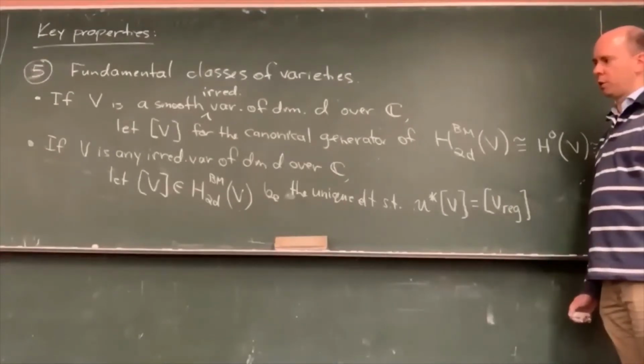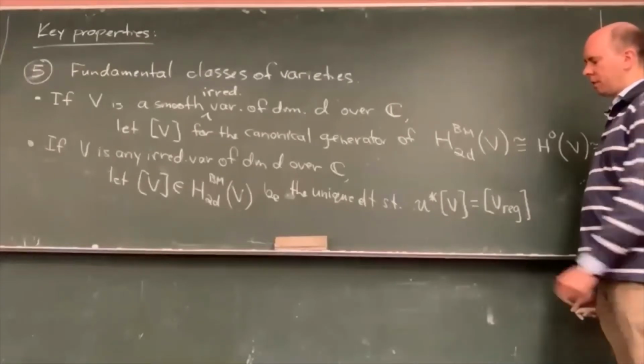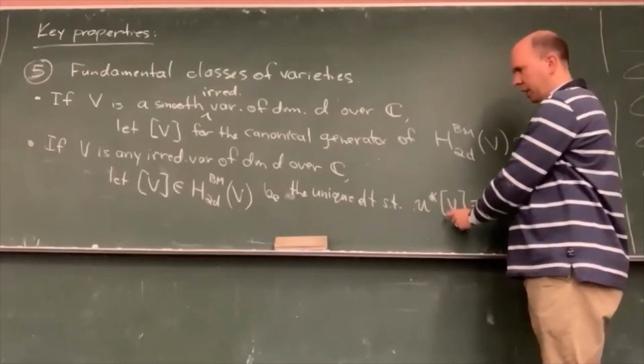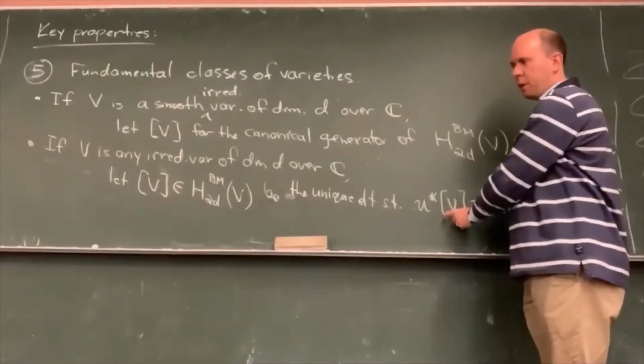And you can show using the long exact sequence that I had on this board before that pullback in this degree is injective. So there's a unique, well, it's probably an isomorphism, I guess. So there's a unique fundamental class for V itself.